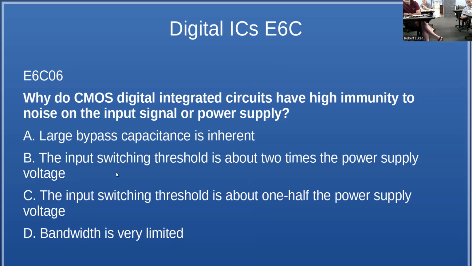Normally it's 5 volts, so it'll be down around a volt or so for the switch. Whereas CMOS, because of the higher level in the middle, if you're operating at 5 volts, it's going to be over 2.5 volts to cause the output to change. So it has a little higher noise immunity.